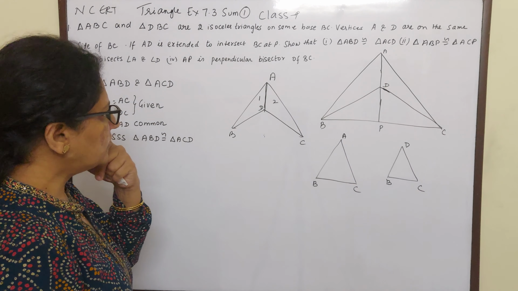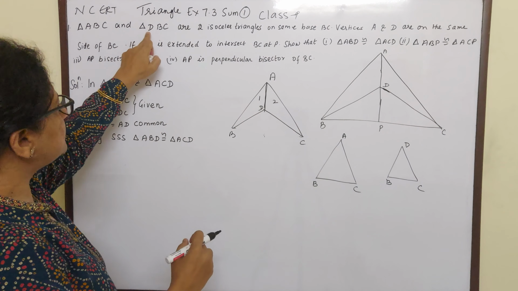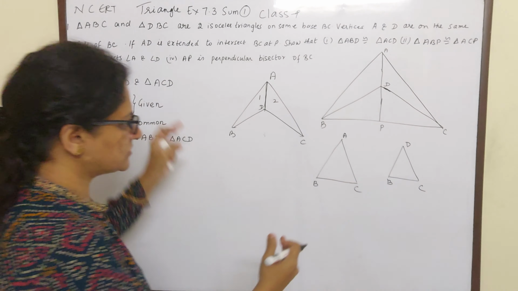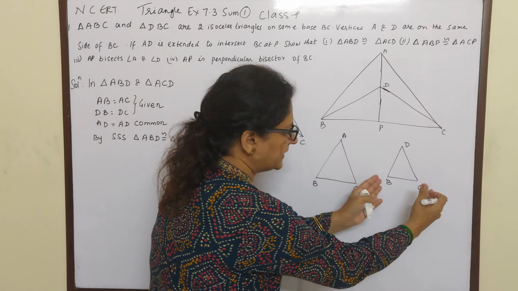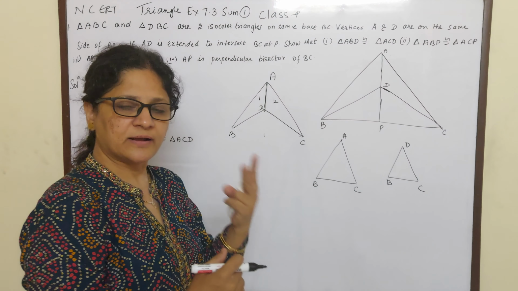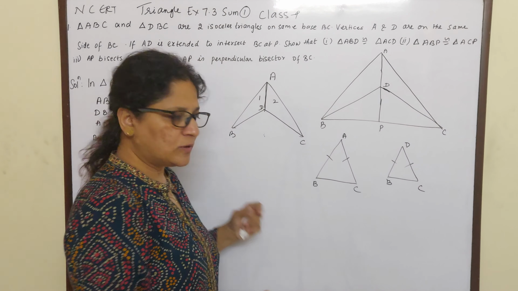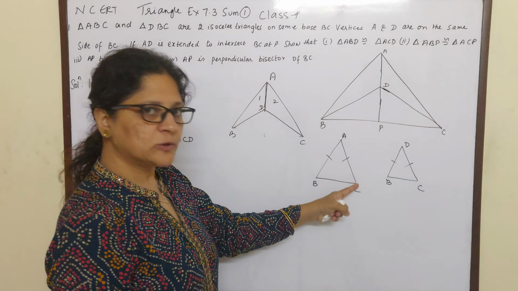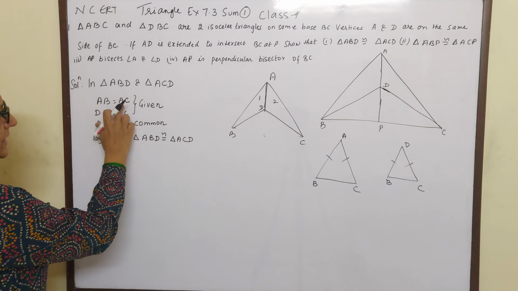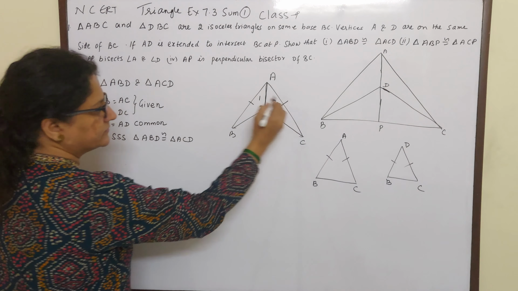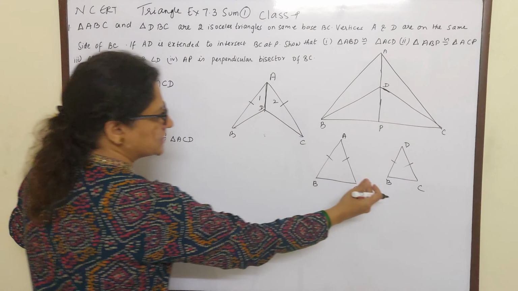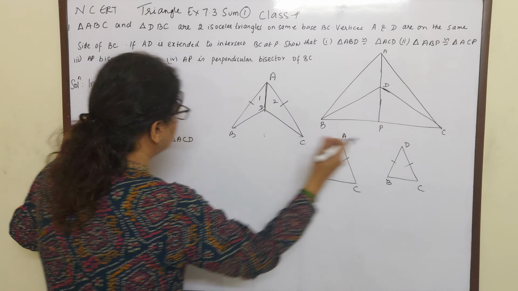Okay. Now we know children, they have said that ABC and DBC are two isosceles triangles, and we know that in an isosceles triangle two sides are equal. That means AB is equal to AC, given. And in this isosceles triangle DB is equal to DC.